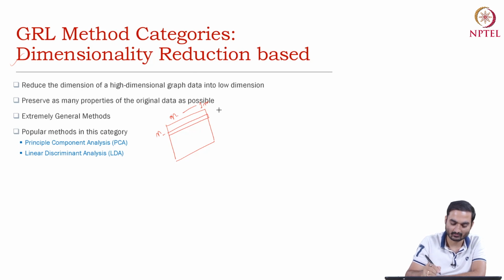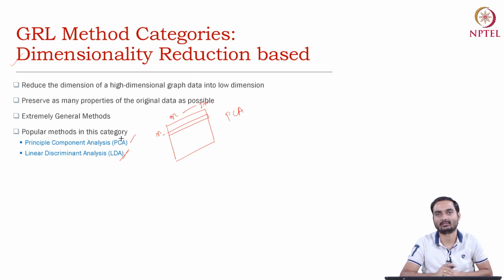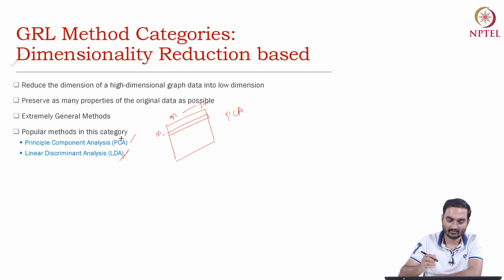What you can do is simply use PCA, principal component analysis, or LDA kind of techniques to reduce the dimensionality. If you are not aware of what PCA and LDA are, please go back and check. There are many beautiful materials available online. You can look at it and see.